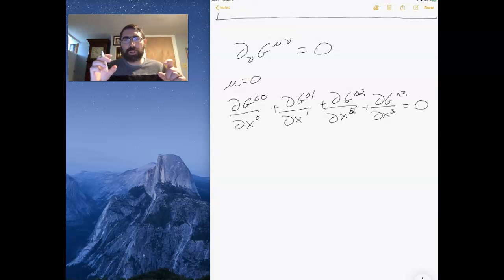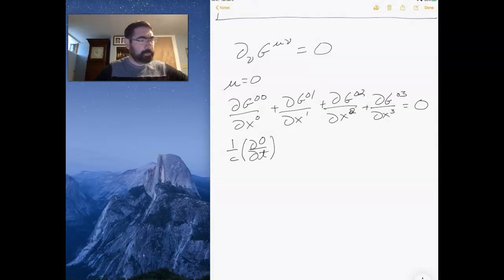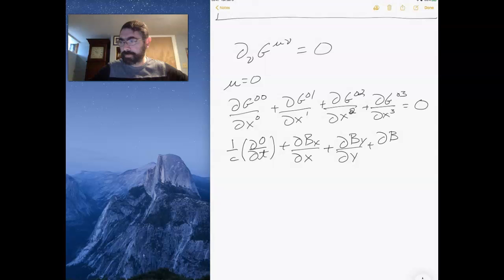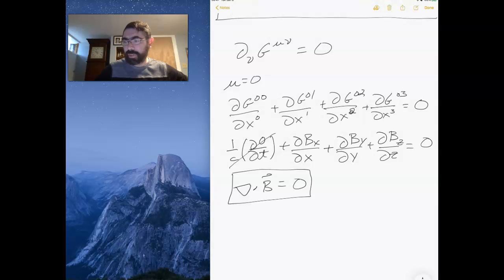So basically the first row in that tensor. And so what we would get is 1 over c, the derivative of 0 with respect to time, plus the derivative of the x component of the magnetic field with respect to x, y, and z. So essentially what we have is the divergence of B is equal to 0. So we get Maxwell's second equation out of that.